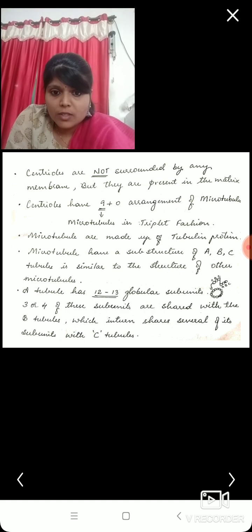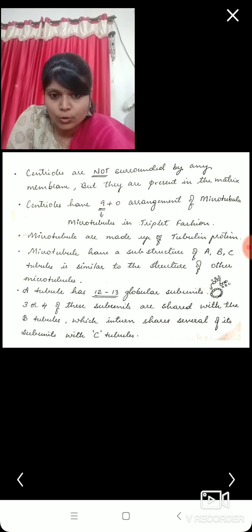Then the microtubule has 12 or 13 globular subunits. That's what I have drawn here to show you all.